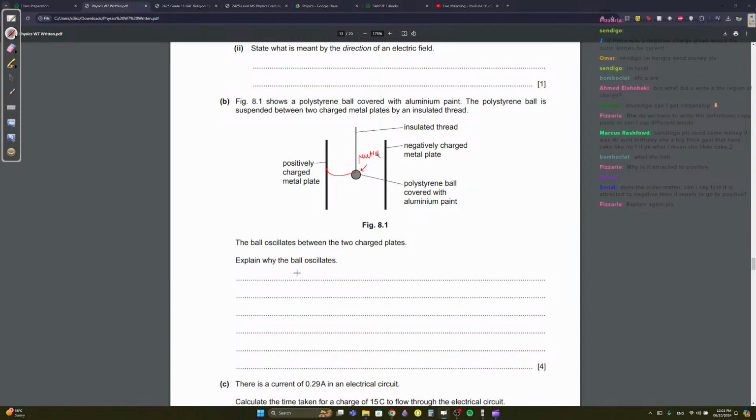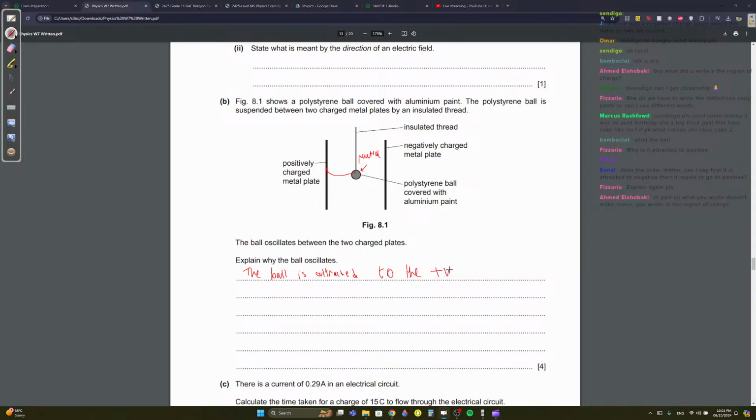So that's why what's going to happen is the ball is attracted to the positive plate. When it's attracted to the positive plate, it's eventually going to hit it. It's going to hit this positive plate.